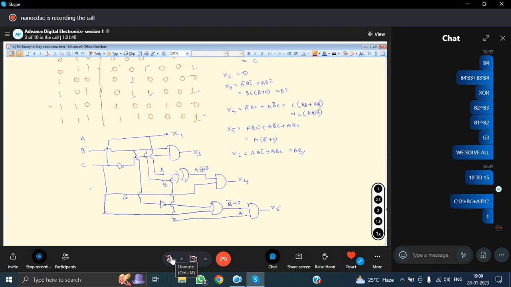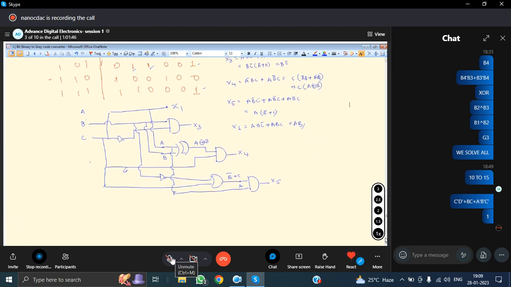x6 కి ఏం కావాలి చెప్పండి. ఏబి కదా x6. ఏబి కాబట్టి డైరెక్ట్ 1 అండ్ గేట్. ఏ తీసేసుకోండి ఇక్కడ నుండి. బి ఎక్కడ ఉంది.